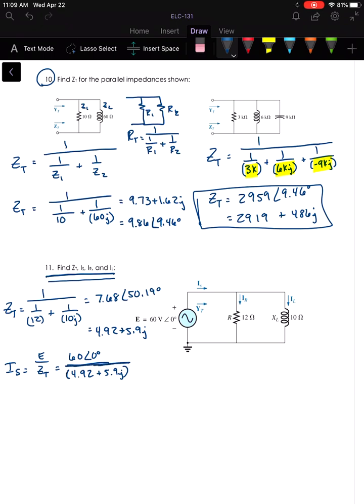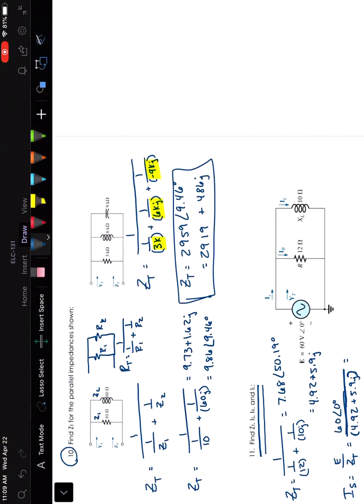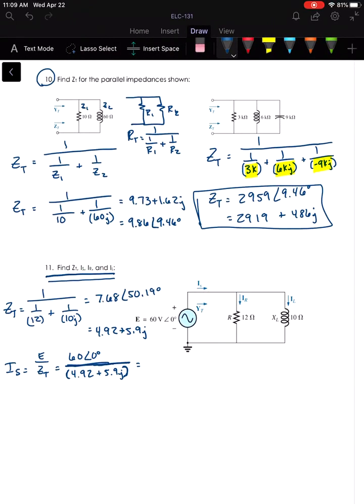If you're using either form, really, put the entire denominator in parentheses just to make sure you have the correct answer there. So in polar form 7.81 at negative 50.19 degrees.